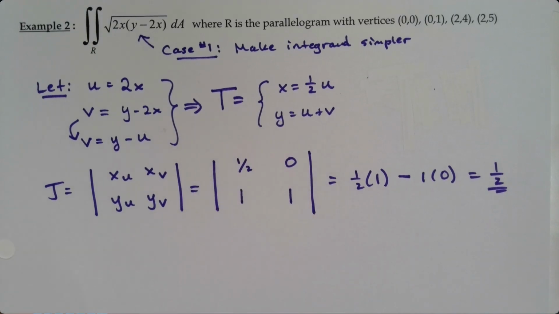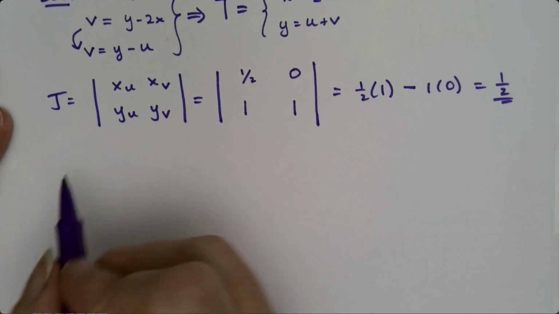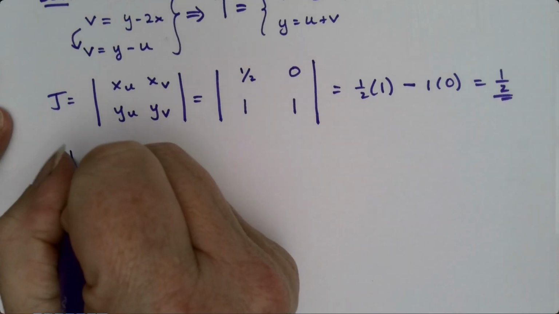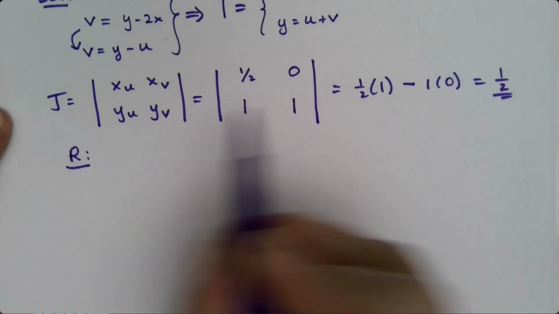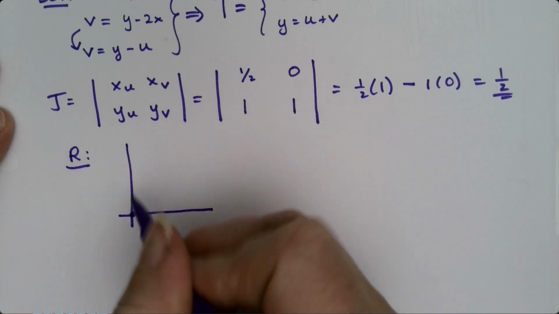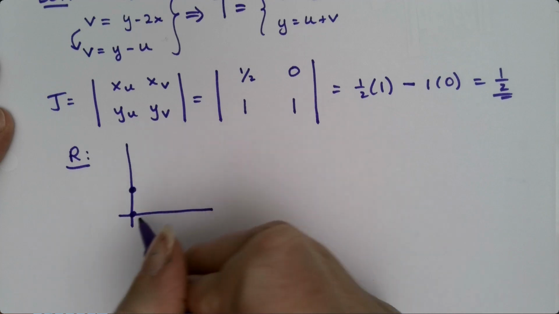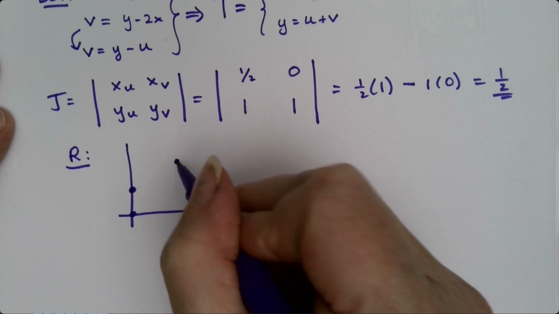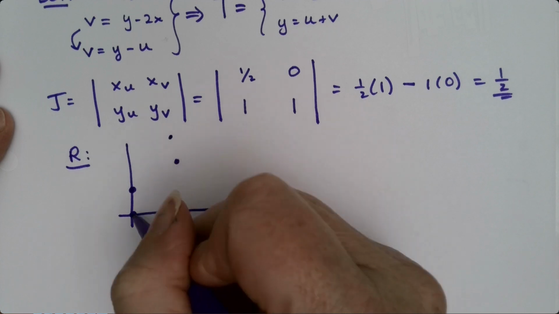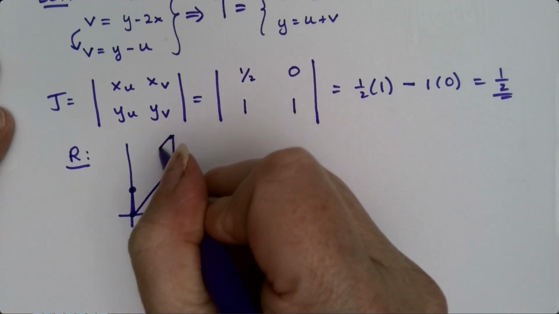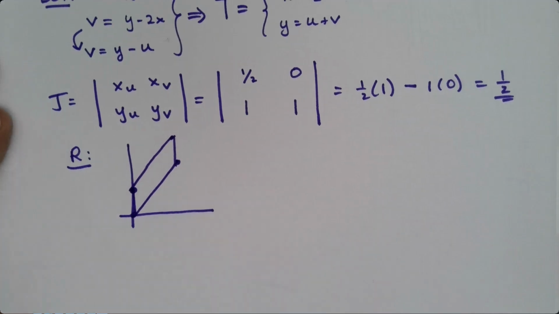Now we have to think about our region of integration. Our original region of integration was R. R was a parallelogram with vertices (0, 0), (1, 0), over 2, up 4, and over 2, up 5. So it looks like that.